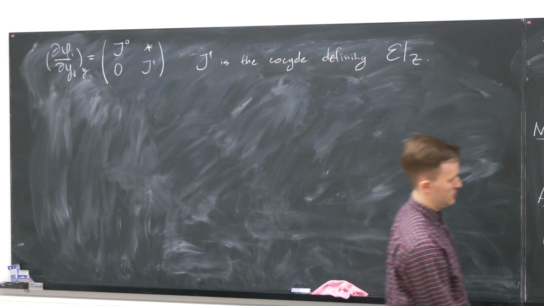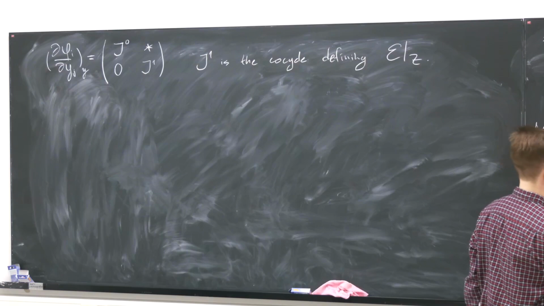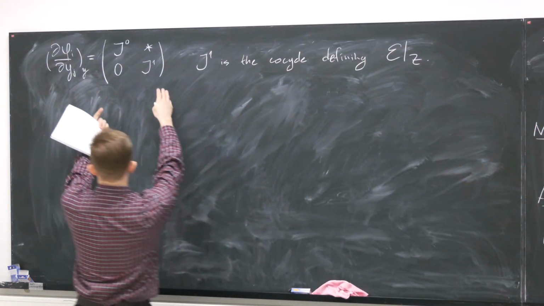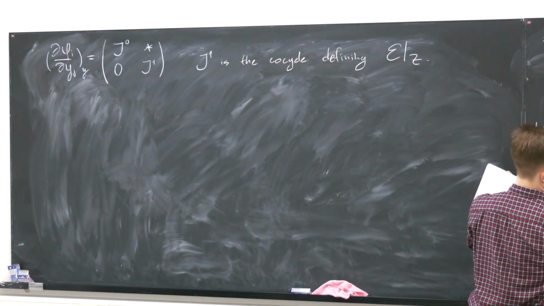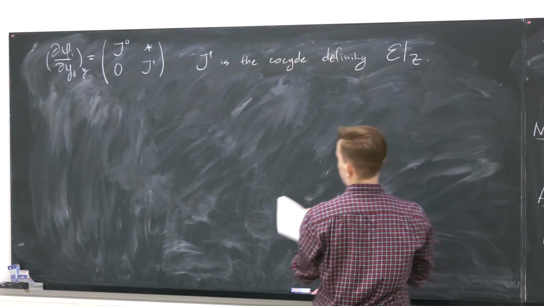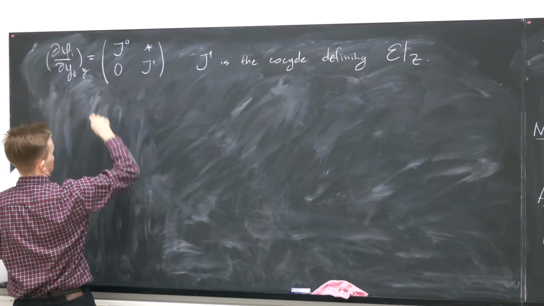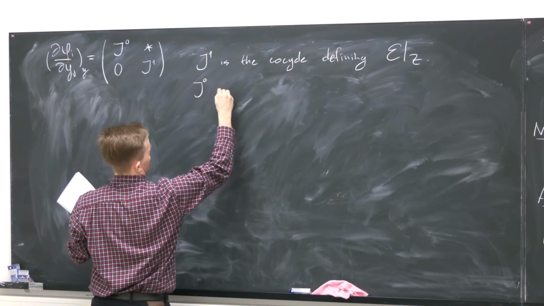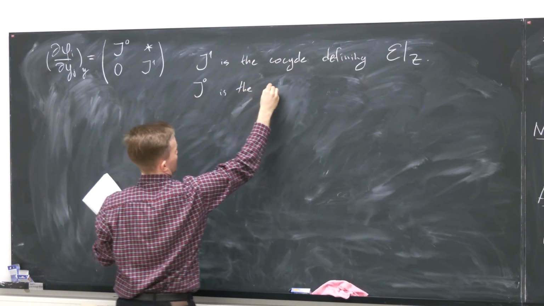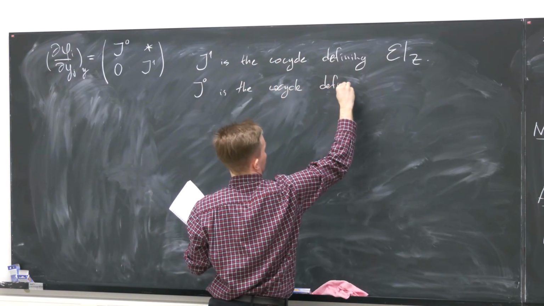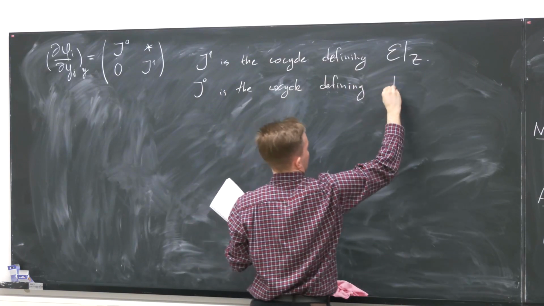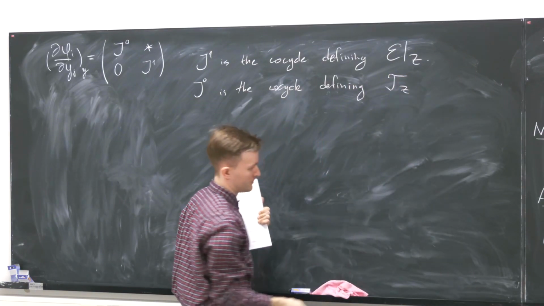So what does this mean in terms of our vector bundle? This whole matrix gives me a cocycle defining this restriction of the tangent bundle of M to Z. Then this J0 is the cocycle defining TZ.